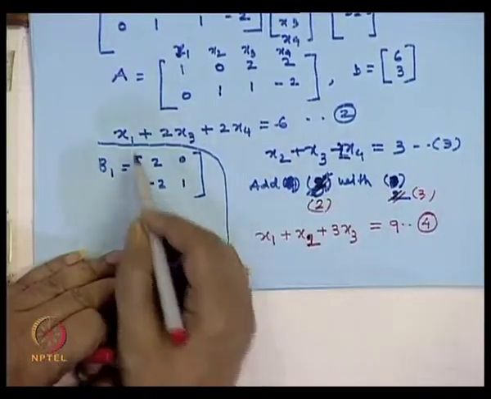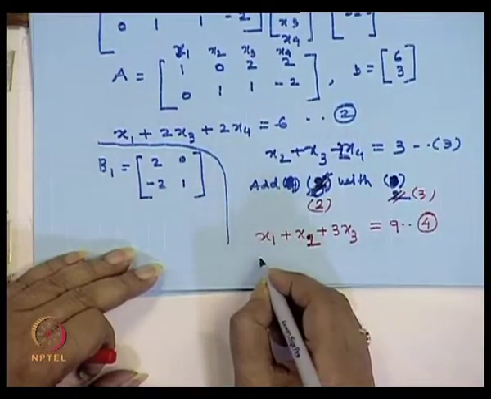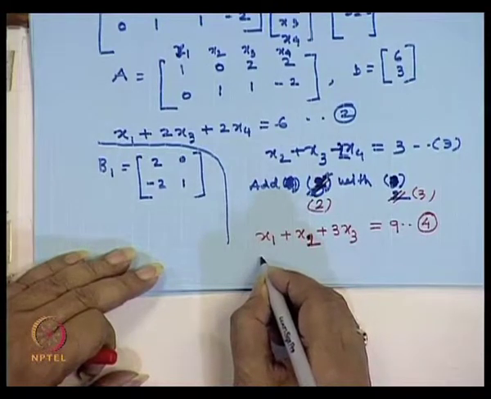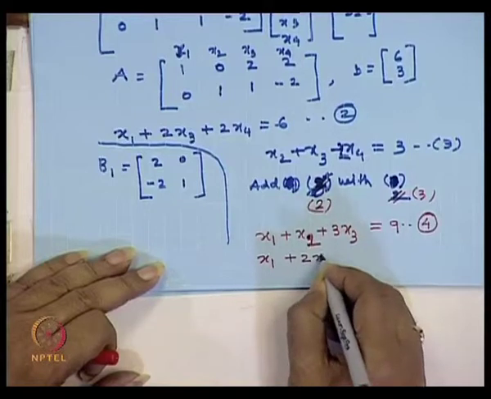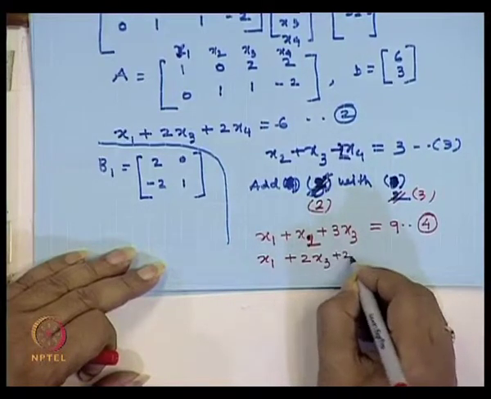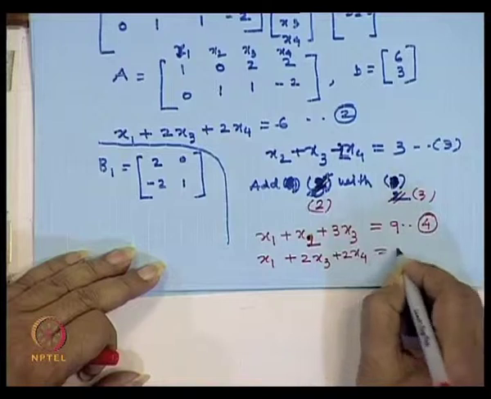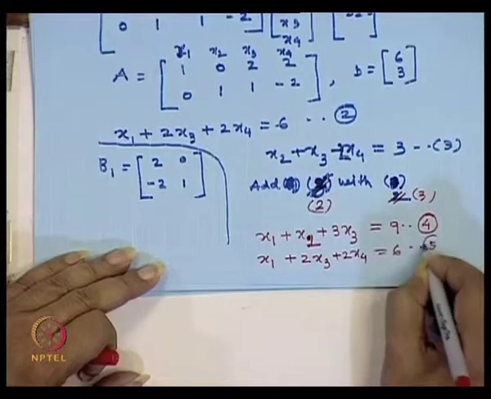What will we get? x 1 plus 2 x 3 plus 2 x 4 is equal to 6. Let us call this equation number 5.